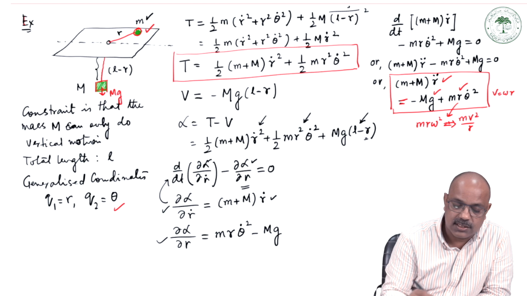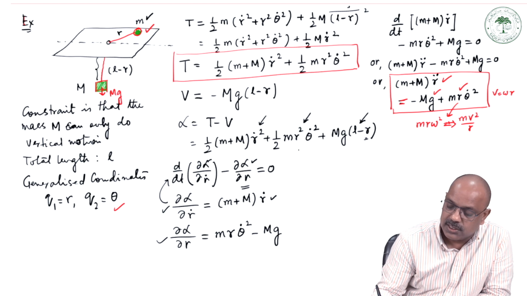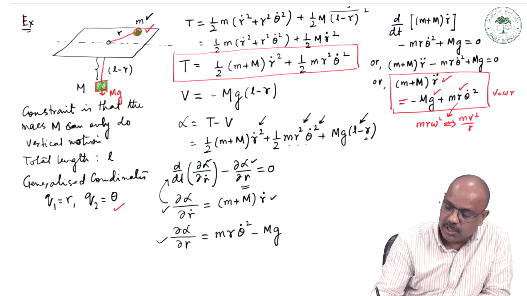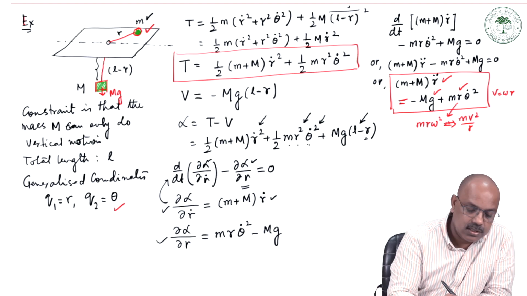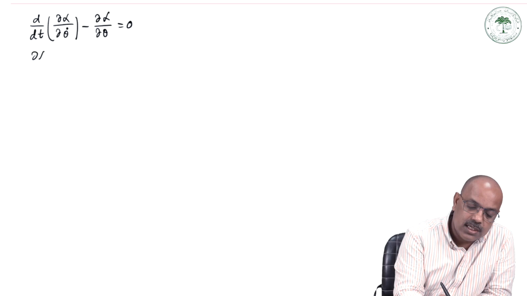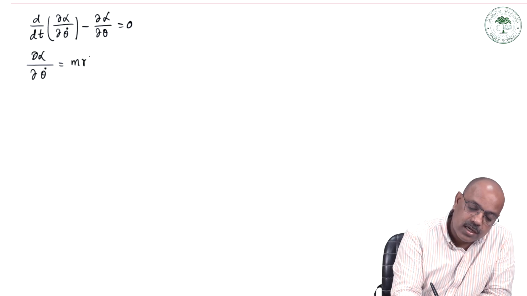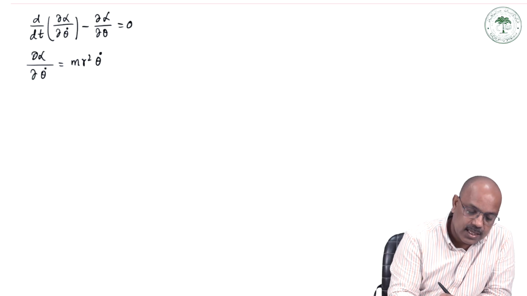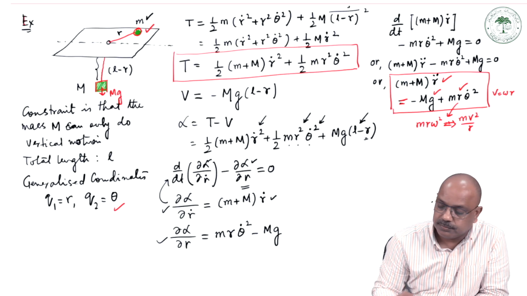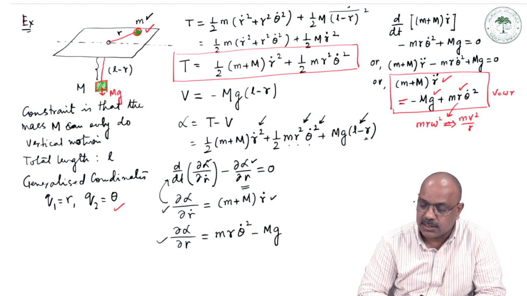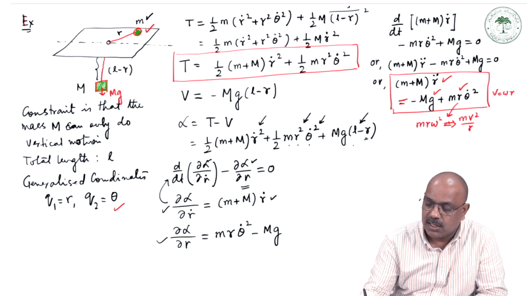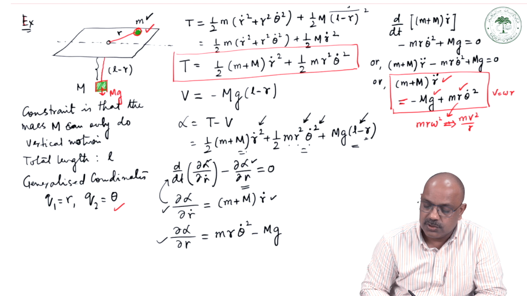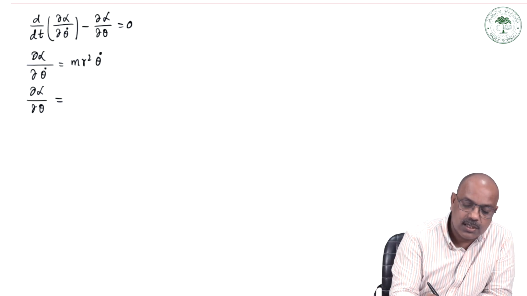If I calculate ∂L/∂θ̇, theta dot is here, so this is going to be m r² θ̇. And ∂L/∂θ is 0, because there is no theta, not here, not here, not here.